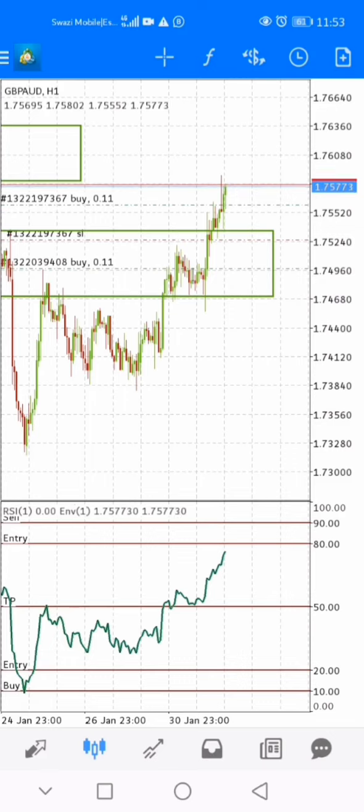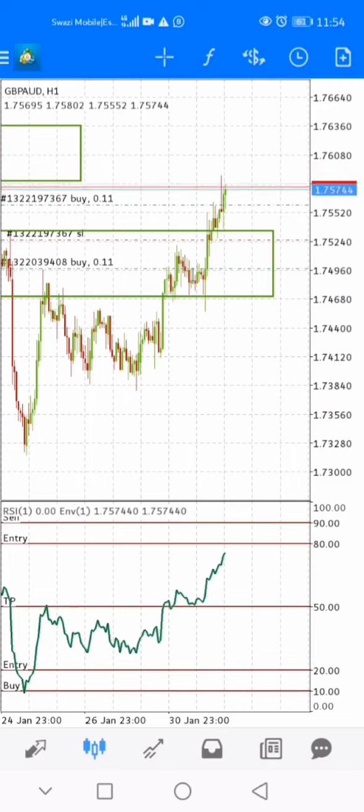I tried to combine the strategy and apply it on TradingView. It's quite challenging. I'm going to show you how to best trade it on TradingView.